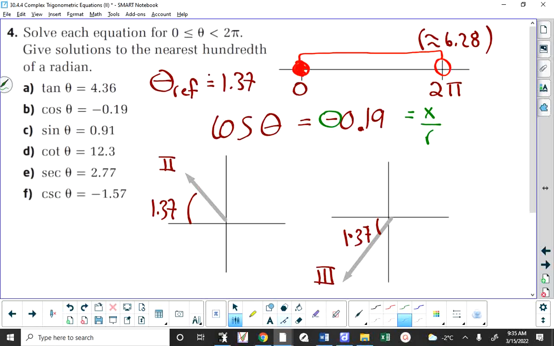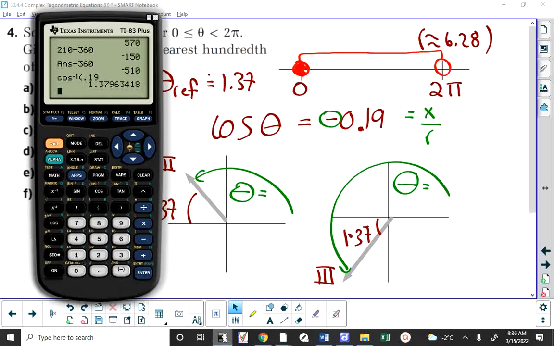The rotation angles will be this and this. That's theta. So how do you determine theta if it's in quadrant 2? You're going to take pi radians and subtract 1.37 radians. And that literally means on your calculator taking pi minus the reference angle.